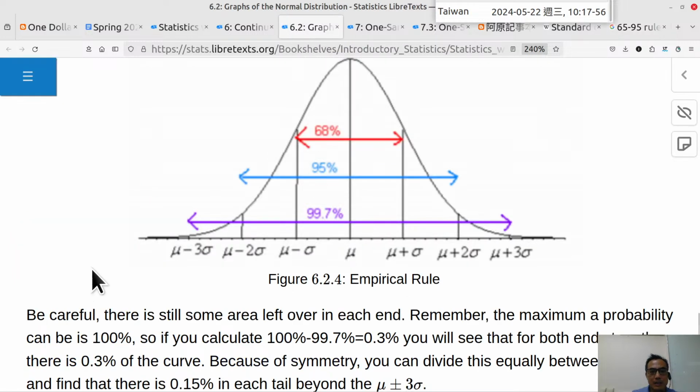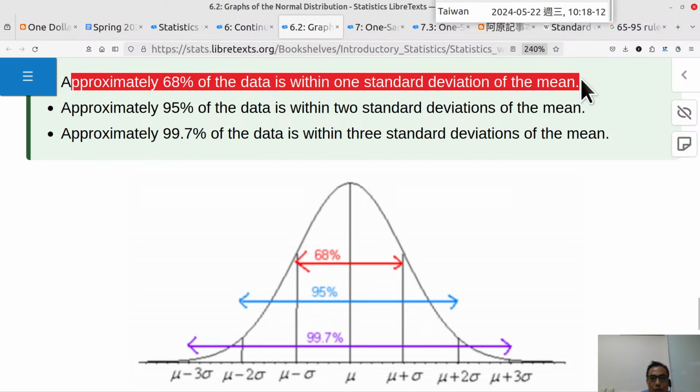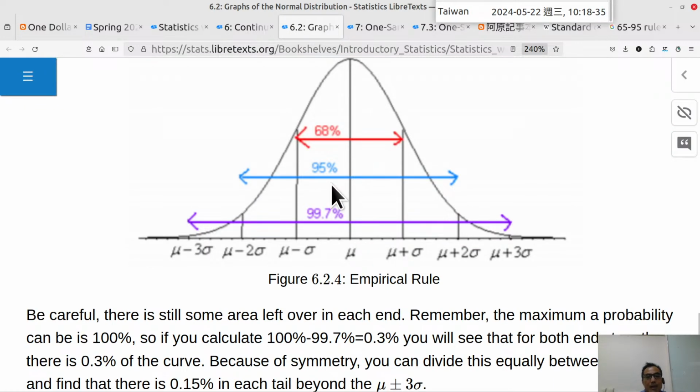Let's come back here. The last page of this section is Figure 6.2.4, the empirical rule. Approximately 68% of the data is within 1 standard deviation of the mean. 1 standard deviation means plus 1 and minus 1, and this area is roughly, approximately, not exactly, not precise, 68%. And this one is 95%, about plus or minus 2 standard deviations.